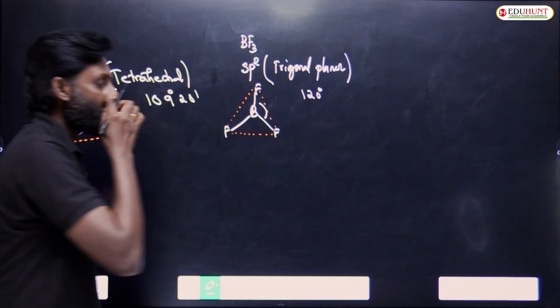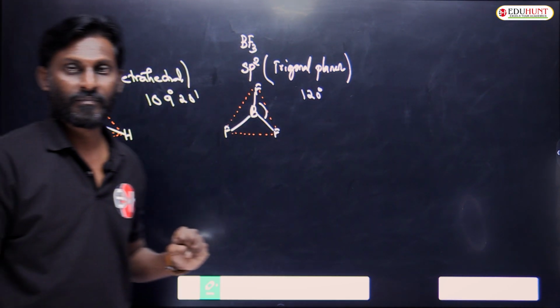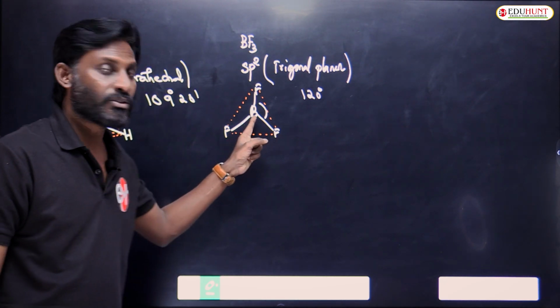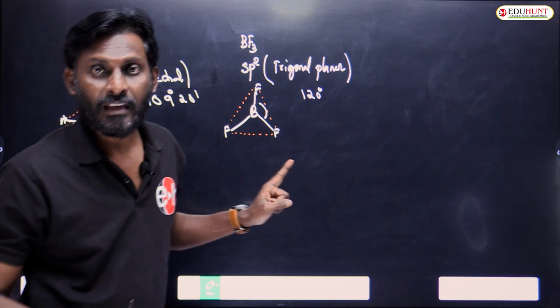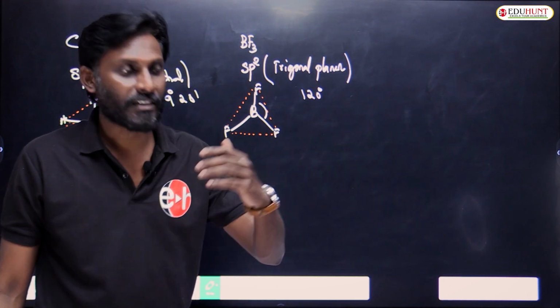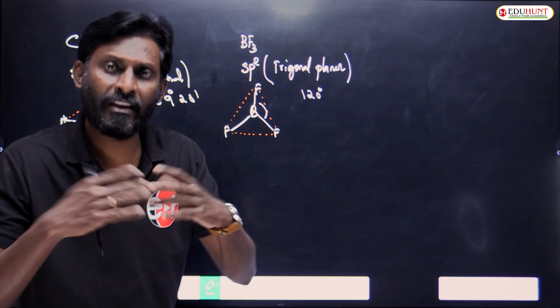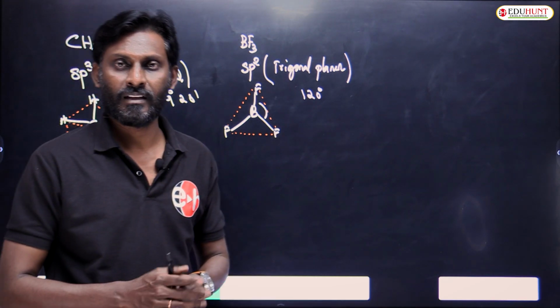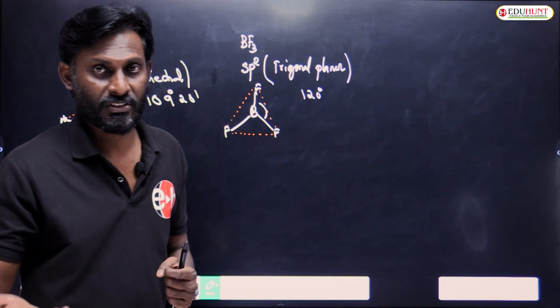That was true only. But the point is, knowing the hybridization of the central atom is not always sufficient to predict the geometry or the shape or bond angles of every molecule, every ion, right? There are some deviations, right?